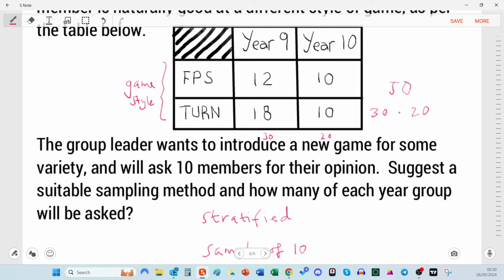How much more is exactly equal to the proportions. 30 represents 60%, and 20 represents 40% of the total. So any sample that you have should use these proportions. In a sample of 10, we should have 6 from year 9, and 4 from year 10.